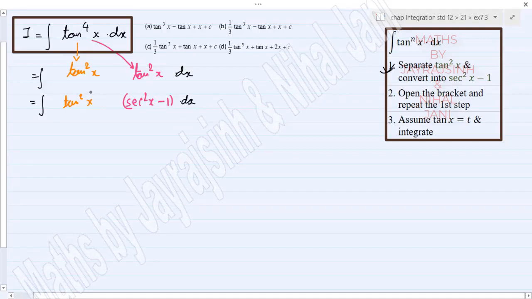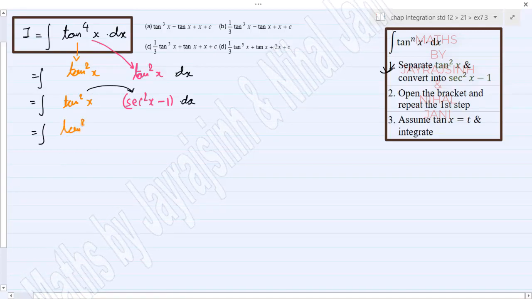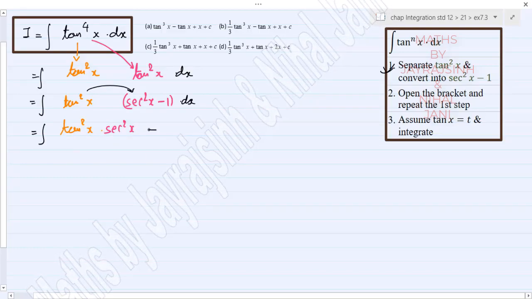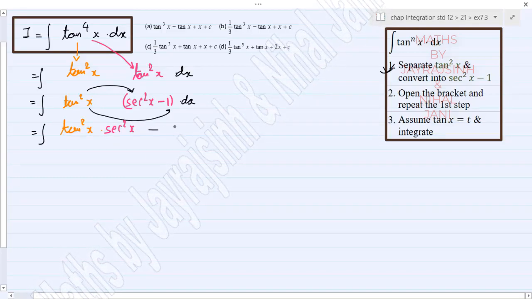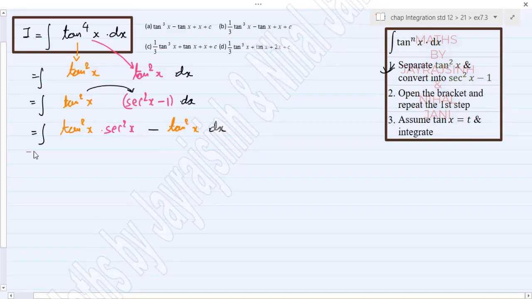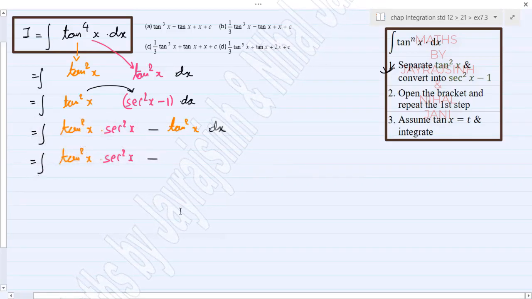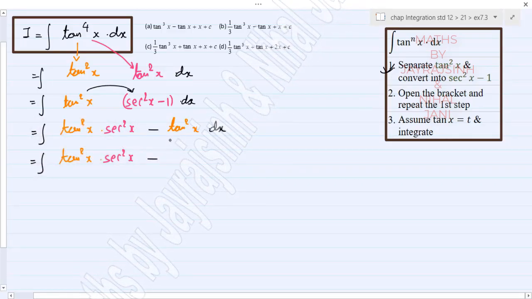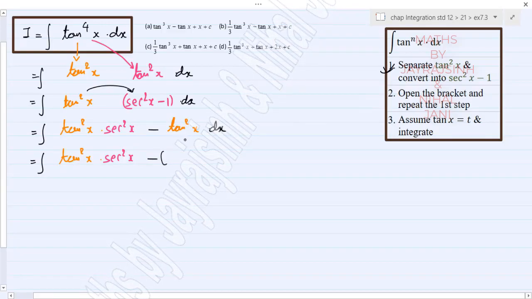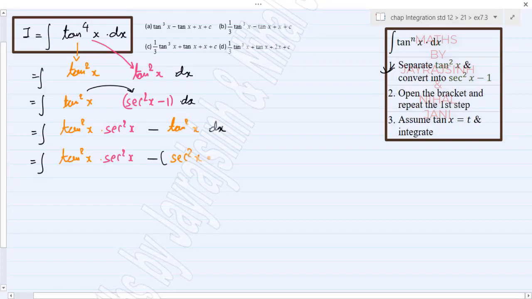So open the bracket. tan square x into sec square x will be tan square x into sec square x minus tan square x into 1 will be tan square x. Now this first term will be as it is. We have to repeat the first step, or we can say instead of tan square x, we have to write sec square x minus 1.